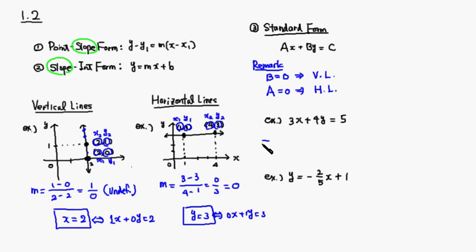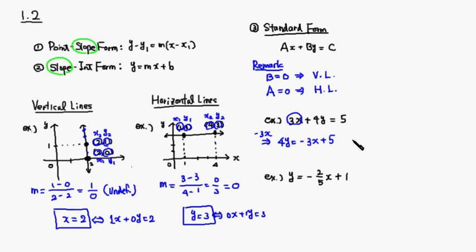First thing I would do is get rid of 3x by subtracting 3x from both sides. That way you have 4y is equal to negative 3x, and there's a 5 there already, so we put plus 5 there.